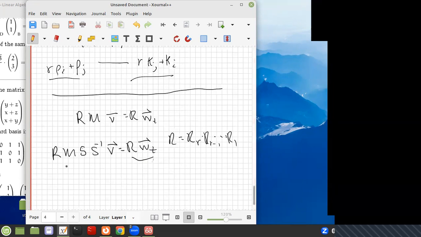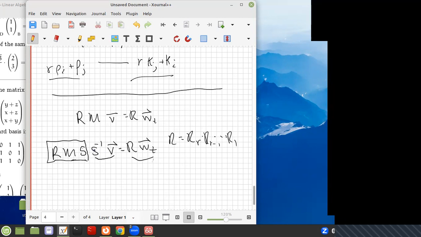This is the reduced echelon form basis. I took S inverse here, so it changes the domain basis, right? So this is the matrix where I've changed the basis of the domain and the codomain. So it's the same linear system.